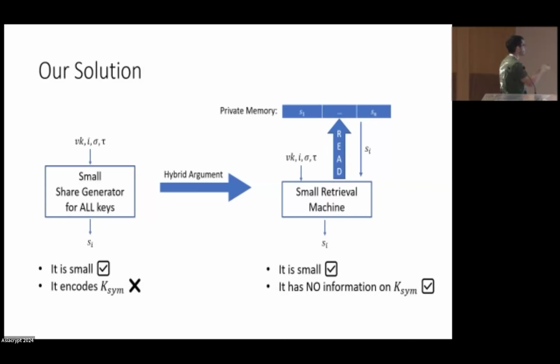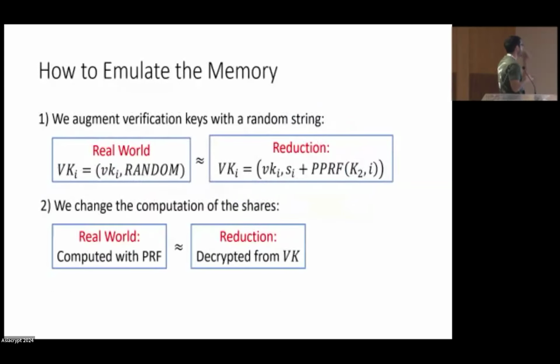So how do we emulate this ideal world? We use a couple of tricks, and we exploit the static security that we have. The first idea is that we change the key of the signature scheme.